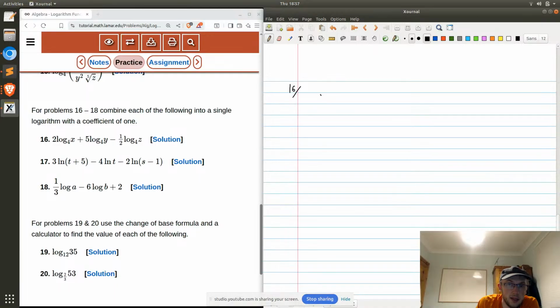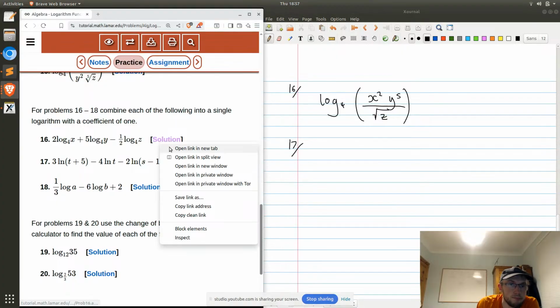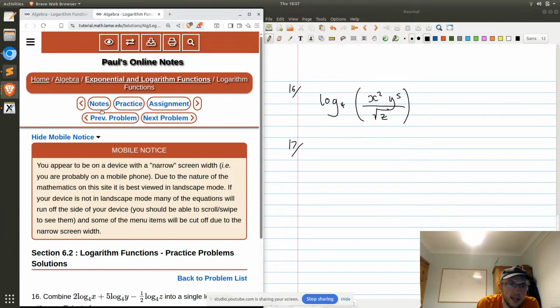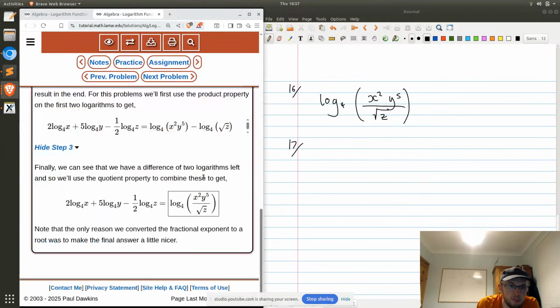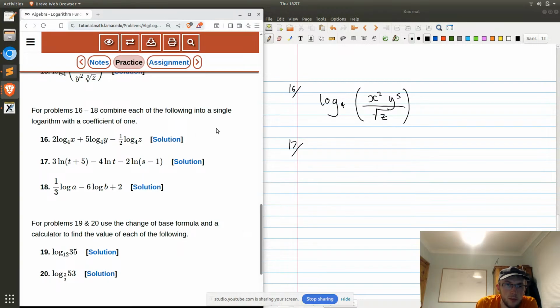So I think that the answer is x squared y to the 5, and it's all divided by the square root of z. That's what I think. Better make sure I understand it. Okay, great. That's true.